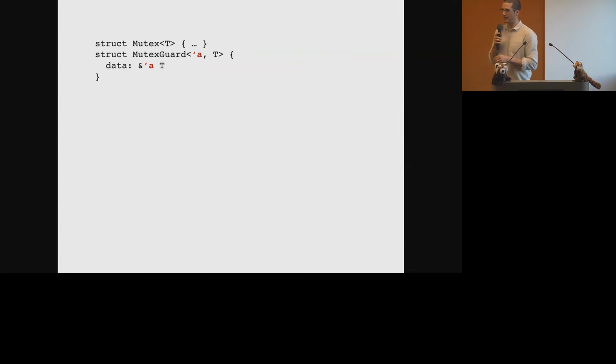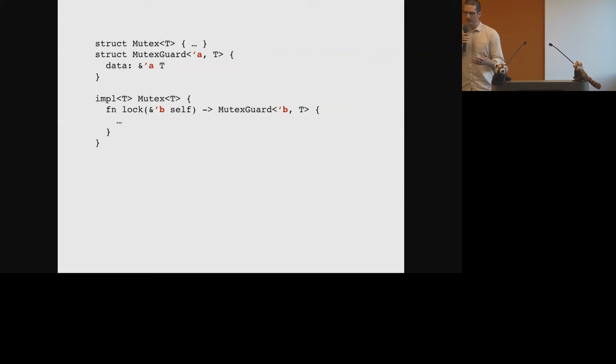We've got this lifetime, tick A. And so the mutex guard is saving a pointer into the mutex itself with this lifetime tick A. And so when we lock the mutex, again, we propagate the lifetime from the mutex to the mutex guard. And this means that we can't access the data via the mutex guard after the mutex has disappeared, if that was going to be an issue, okay?